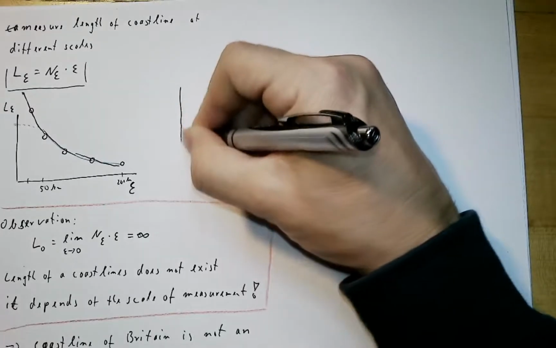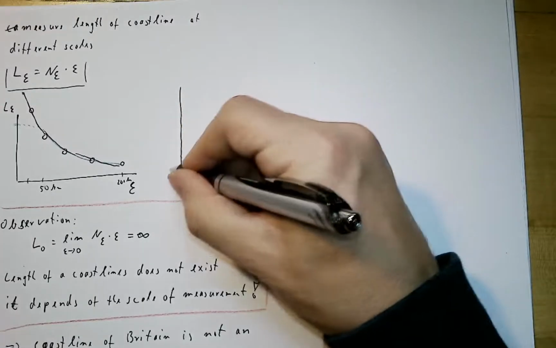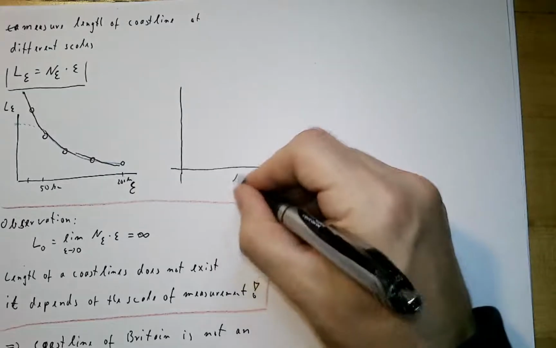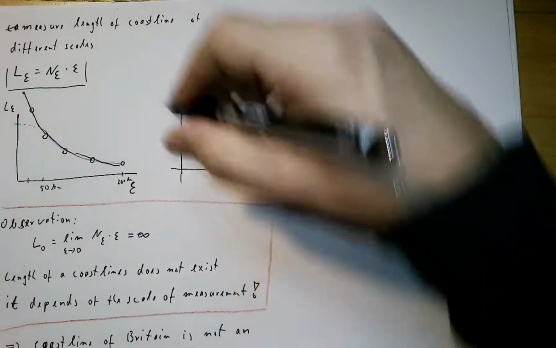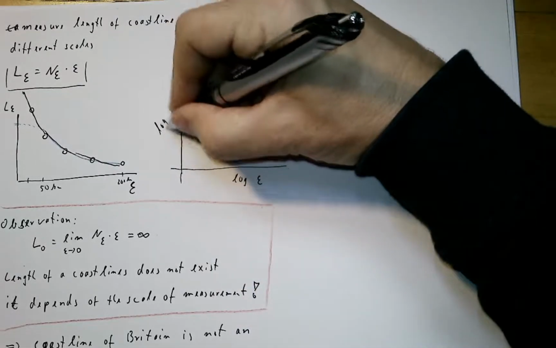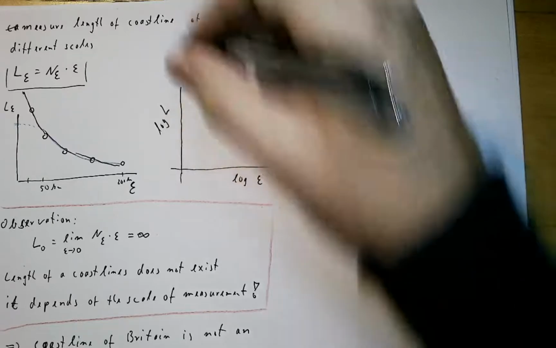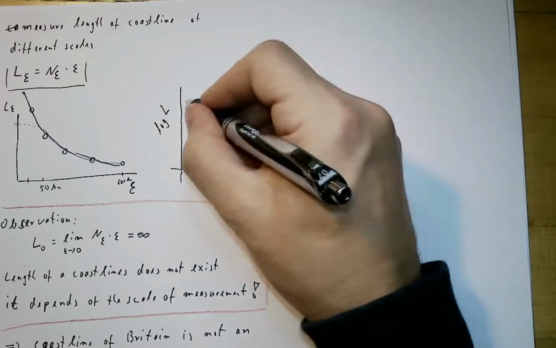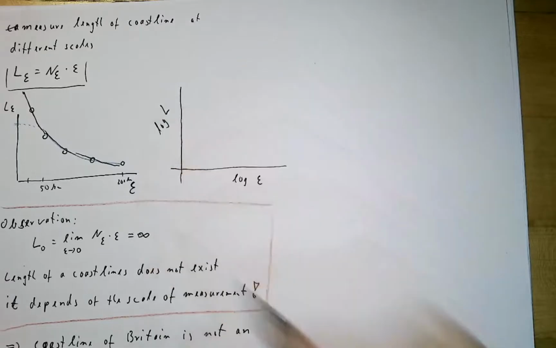And indeed, when we plot this at a log-log scale, log epsilon, logarithm of our length, then this follows here on a straight line.